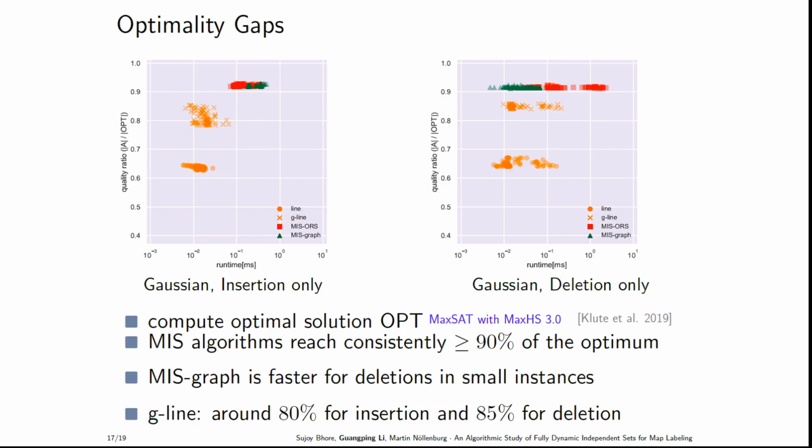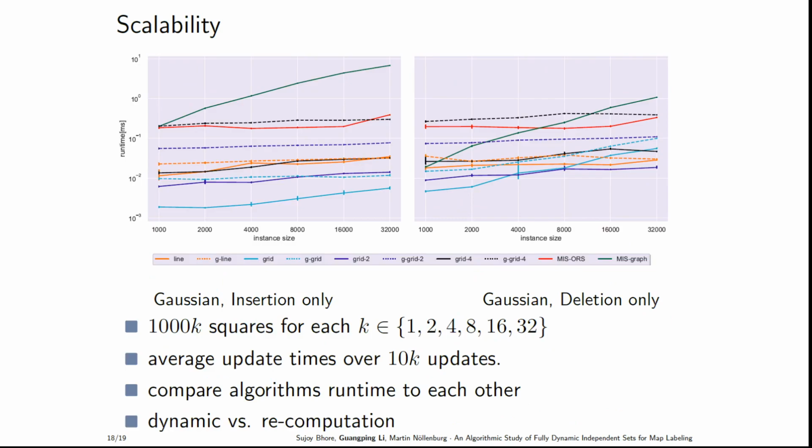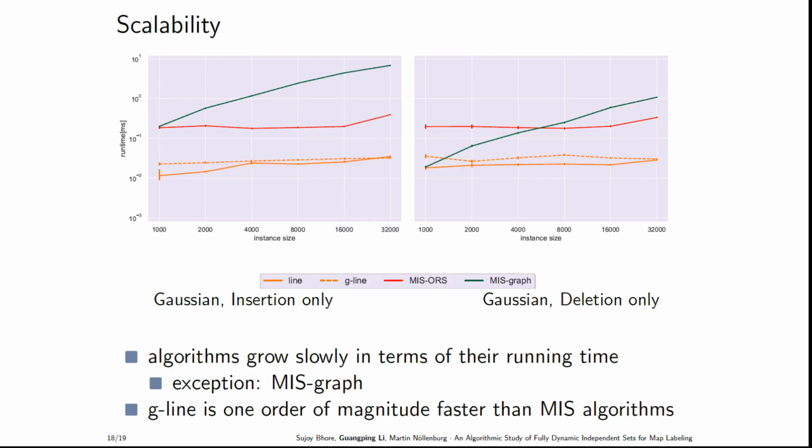In our last experiments, we explore in more detail the scalability of the algorithms for large instances. Except for this approach MIS graph, the algorithms grow slowly in terms of their runtime. And again, this greedy line is about 1 order of magnitude faster than the MIS algorithms.